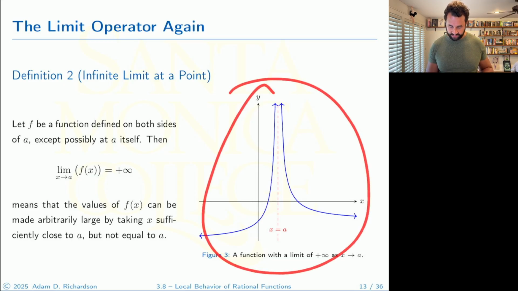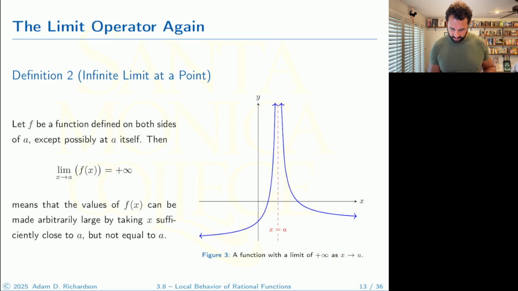So here's a good picture of that. Say that's the number a. What we want to look at is the behavior of f of x as x approaches a from the left and from the right. Here you can see that the function is actually blowing up to positive infinity when you approach from both sides.